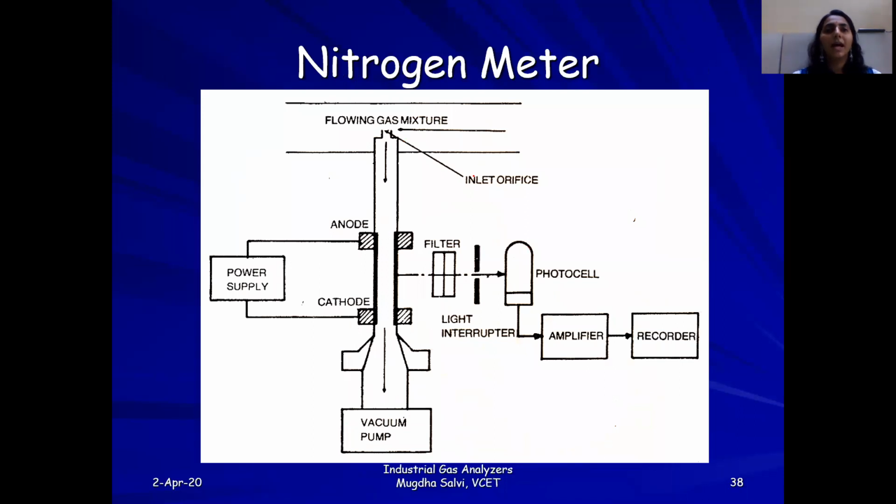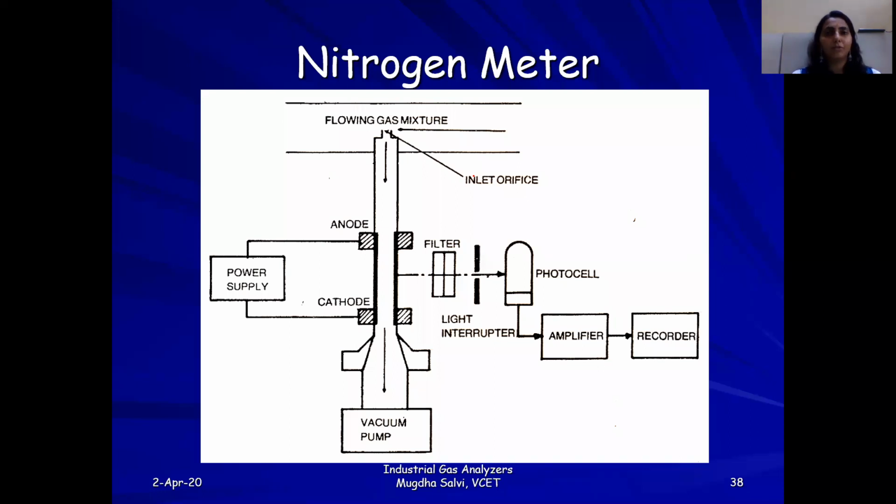Now, as we saw, the gas density analyzer, or analyzer based on gas density. Similarly, there are analyzers which are based on the absorption properties or photometric properties of gases. For example, here we are seeing a nitrogen meter. Nitrogen is being measured.